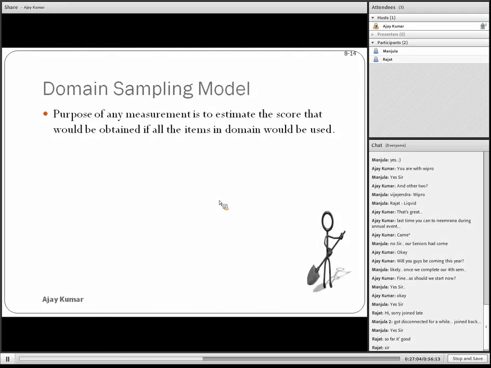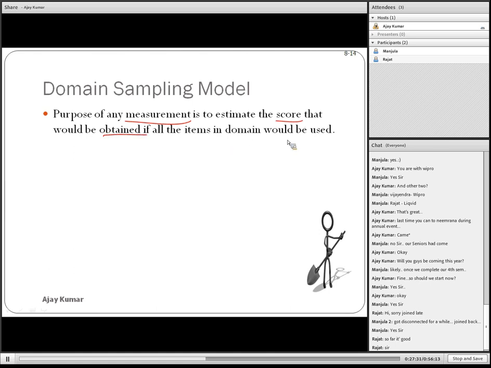Now let us see the base of the domain sampling model. It says the purpose of any measurement, which here is our satisfaction, is to estimate a score that would be obtained if all the items in the domain were used.